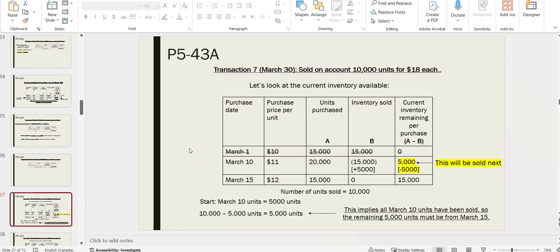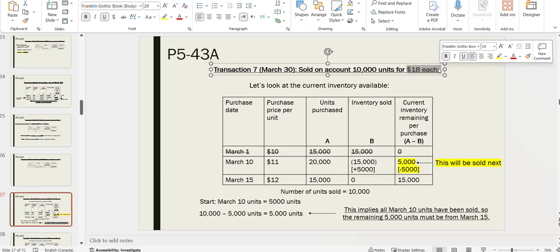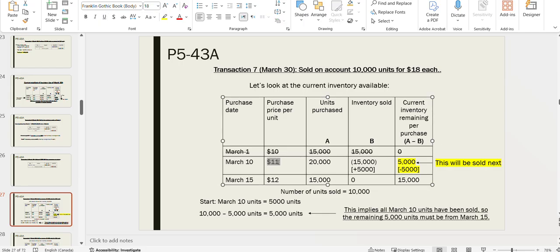Transaction number 7, another sale on account for 10,000 items for 18 each. This 18 is used to calculate revenue, okay? And these numbers here, 11 and 12, are used to calculate our cost of goods sold and the value of our inventory, which is decreased.